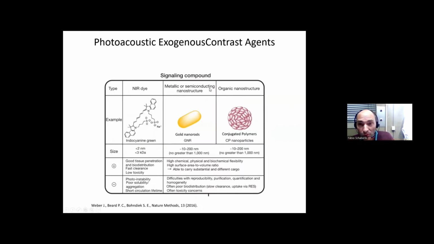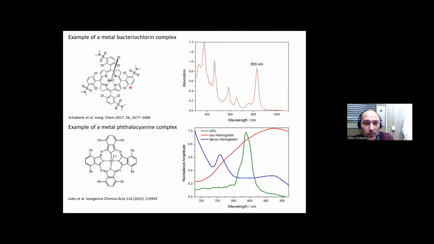As exogenous contrast agents, we can have organic dyes and nanomaterials or nanostructures. These are the 2 general sets of exogenous compounds. For example, we have this bacteriochlorin that absorbs in the therapeutic window. This one has a manganese metal in the center that will increase the non-radioactive decay.